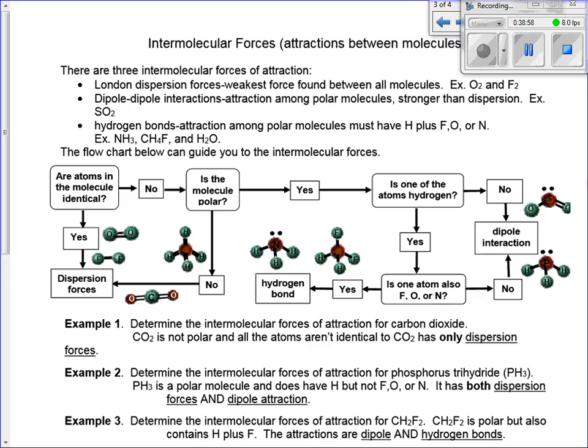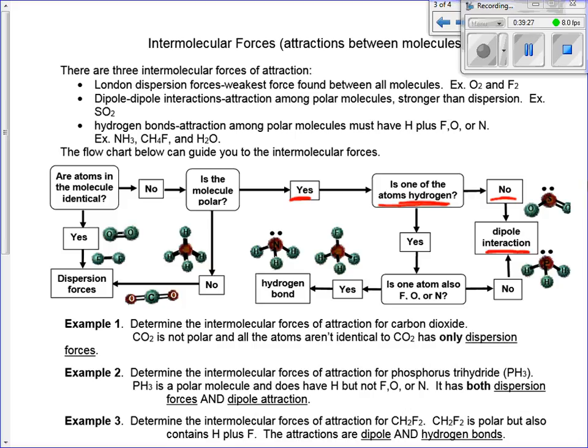Another nice little flow chart for you to follow to determine what you're dealing with. You can go up here. Are the atoms in the molecule identical? Yes. Then it's dispersion. No. Is it polar? If it's not polar, it's automatically dispersion. Here we go. Is it polar? Yes. Is one of them hydrogen? If the answer is no, you go down here to dipole-dipole.